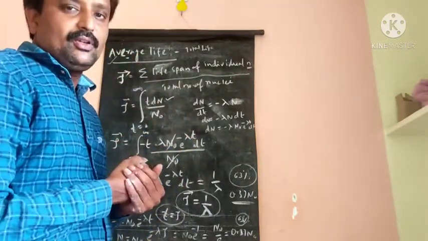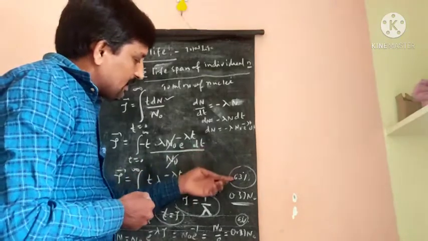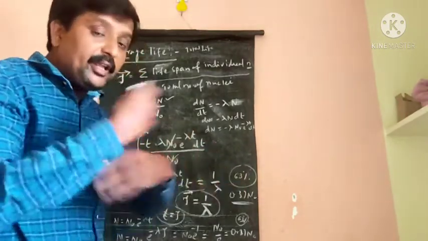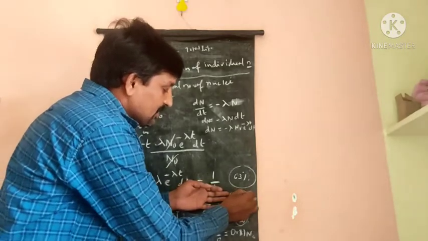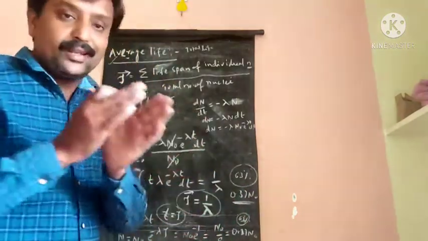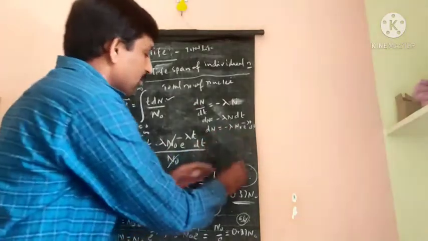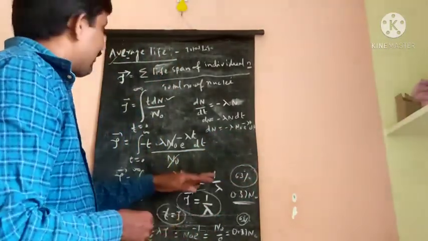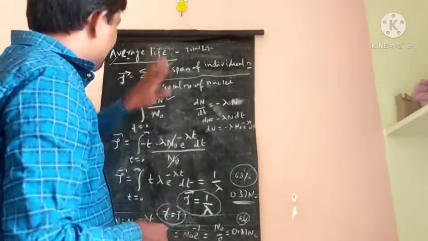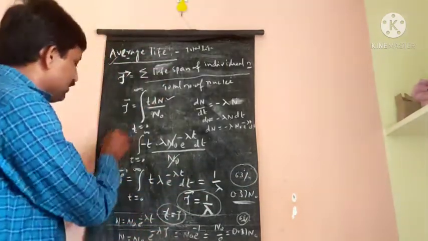So it reduces by 63%, and 37% of the nuclei are remaining, or 63% of the nuclei are disintegrated. The required time is known as the average life. Okay. So the average life is denoted by tau.